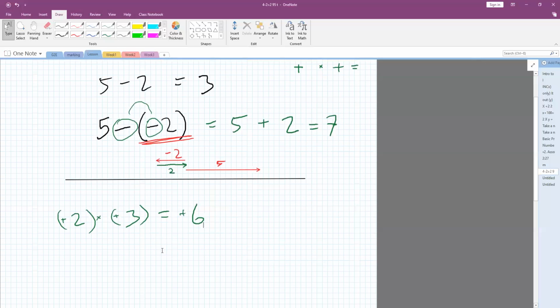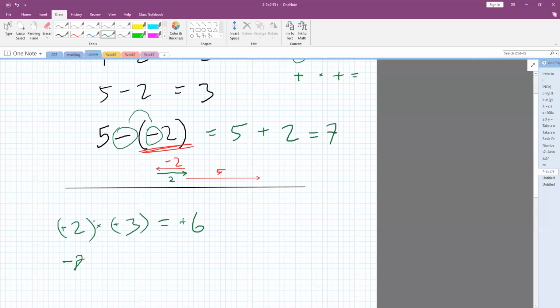Now, if you have, for example, minus 2, you multiply it by minus 3. You get negative 6. No, what happens is like this.